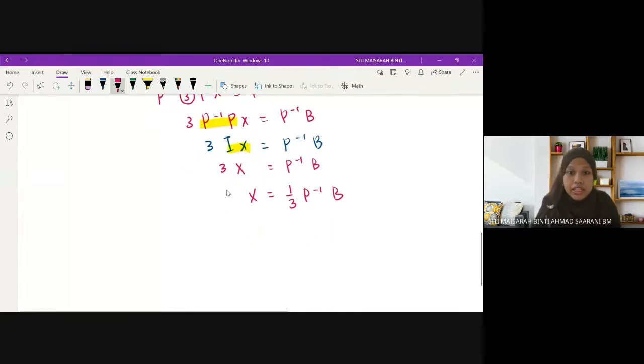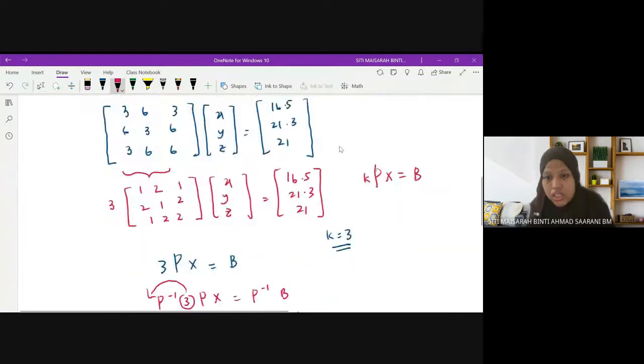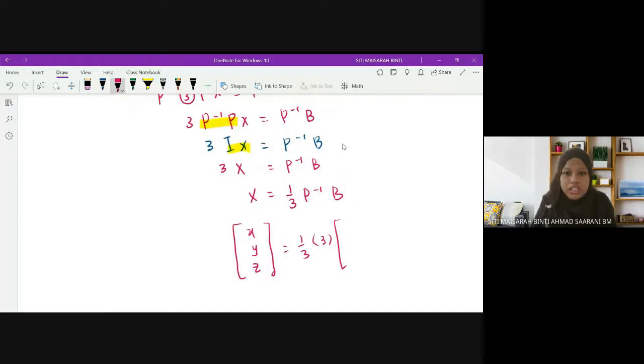So jadi gantikan X dengan X, Y, Z equals 1 over 3 multiply by 3. Tadi kita dapat P inverse kita 1 over 3 P kan. So jadi this is 1, 2, 1, 2, 1, 2, 2, 1, 2, 1, 2, 2 multiply 16.5, 21.3, 21.